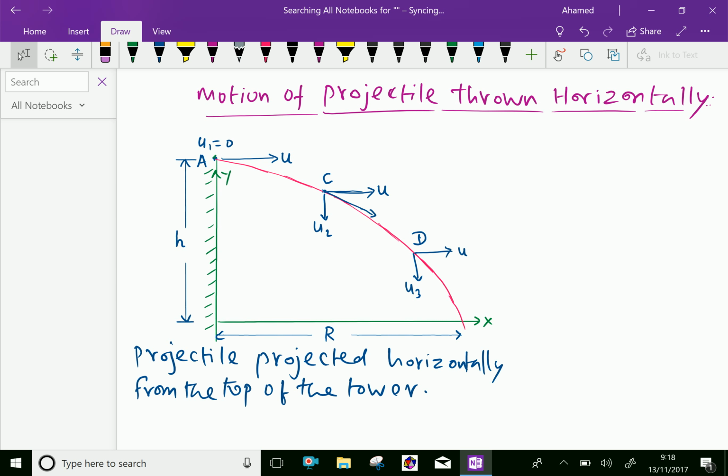Because of this increasing velocity, the gravitational force acts downwards on the ball. The horizontal and vertical velocities are independent of each other.